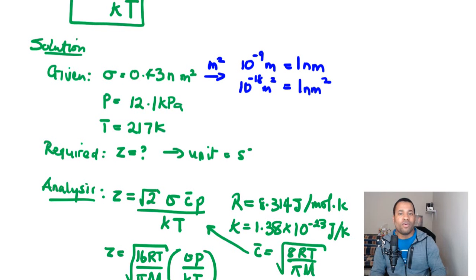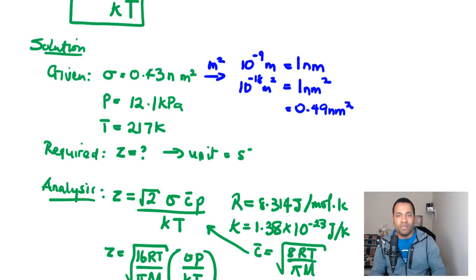And therefore, once we have this, we are now going to determine what the unit for our cross-sectional area will be, from nanometer squared to meter squared.